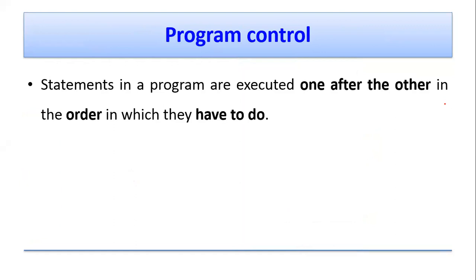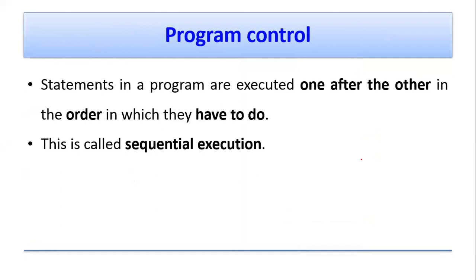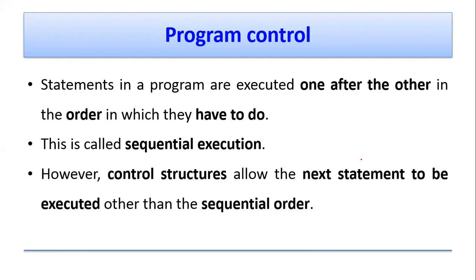And then program controls. Statements in the program are executed one after another, in the order in which they have to be done. Usually program steps go one after another in the given order, so this is called sequential execution. However, control structures allow the next statement to be executed other than in sequential order.